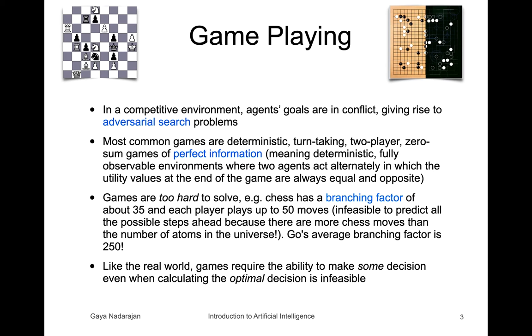So, like the real world, like the kind of problems we've seen before, games actually require the ability to make some decision even when calculating the optimal decision isn't feasible.